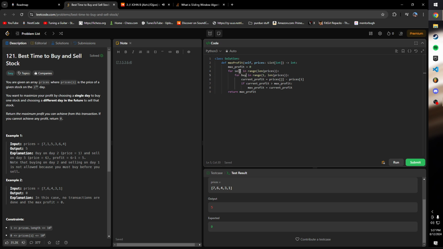Sell, buy. So say i in range 1, comma, len of prices. And then here we'll have buy in range 0, comma, sell. And then we'll do current profit equals prices of buy minus buy. Wait, no. Sell minus buy.